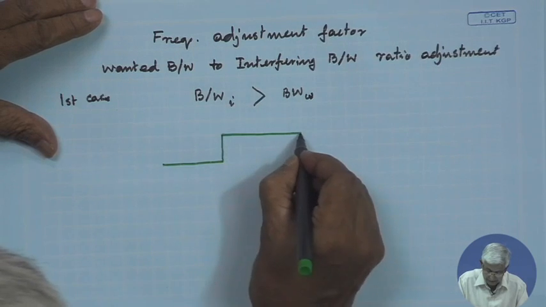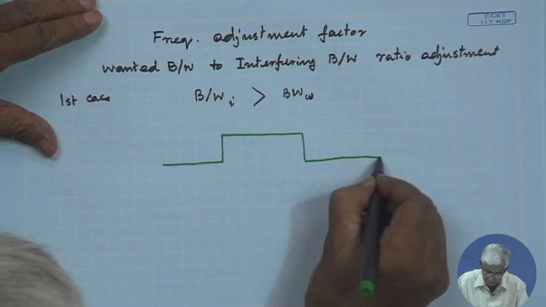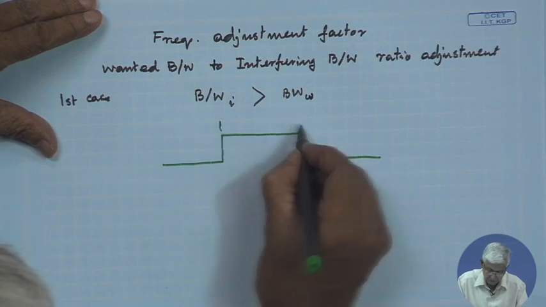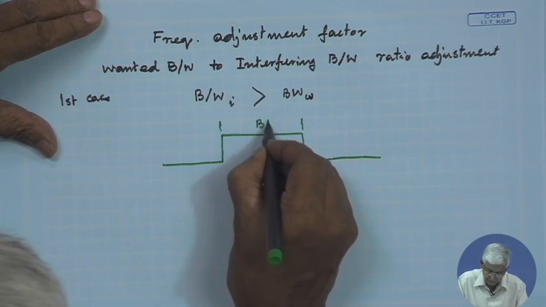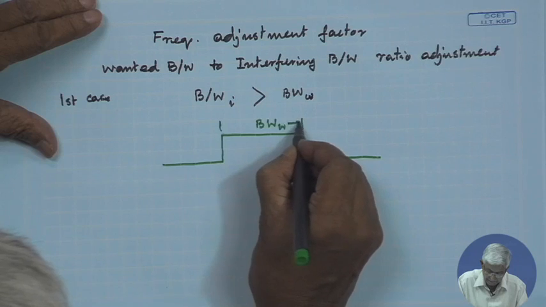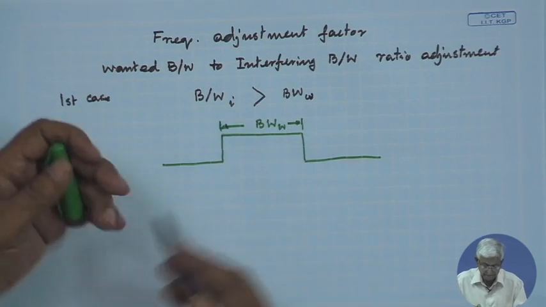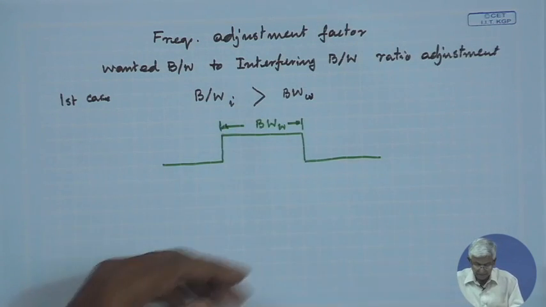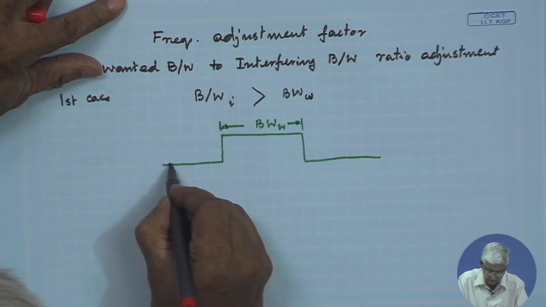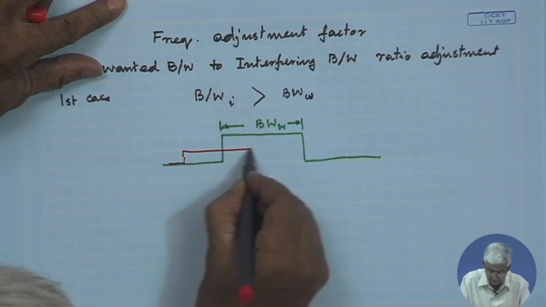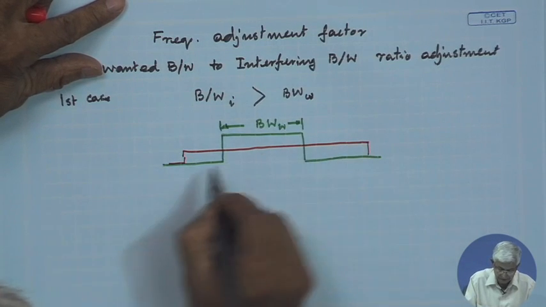Let us say this is my wanted bandwidth, and the interfering bandwidth is coming over this and which is larger.